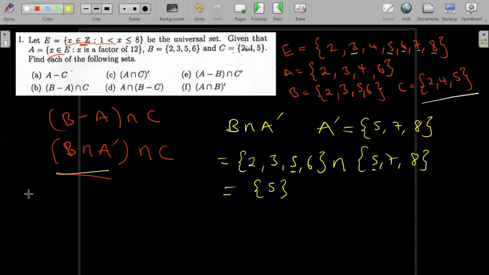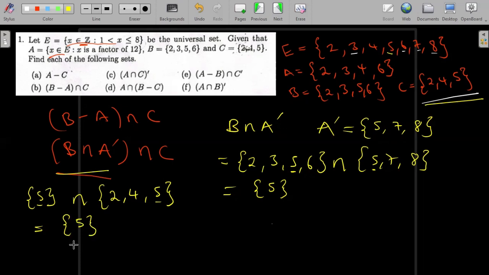Now I intersect it with the set C, which is given in the question and contains elements 2, 4, and 5. I check what elements are common in both, because we're using the set operation intersection. I see 5 there and 5 there, so my set will just contain 5.